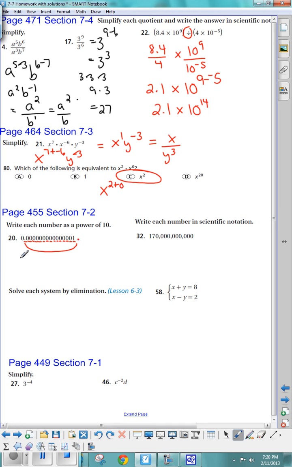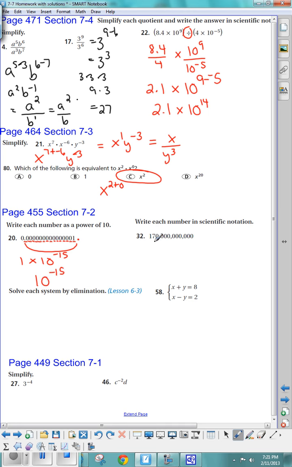So this is like 1 times 10, and it would be negative 15, okay, because that number is very, very tiny, and that's why you need a negative exponent. But they just said write it as a power of 10. I put it in scientific notation, so just ignore the 1. So it's 10 to the negative 15th power as a power of 10.